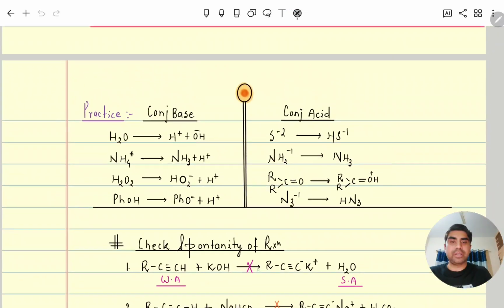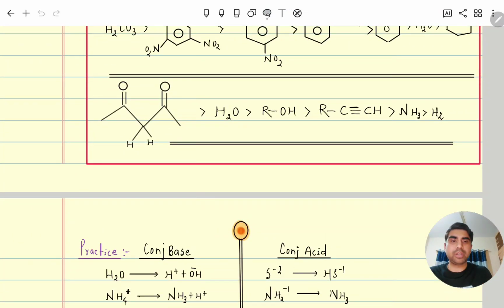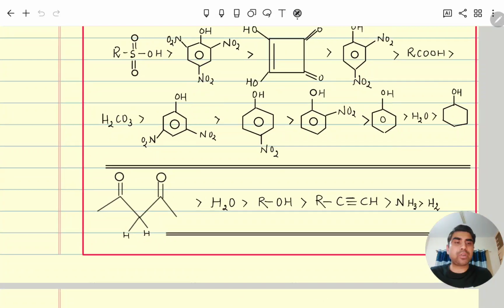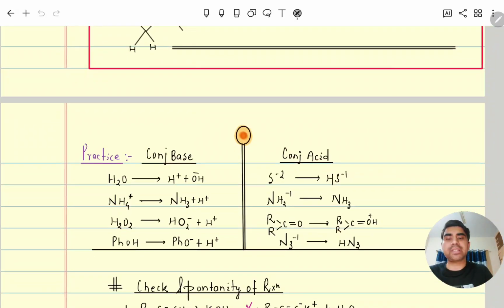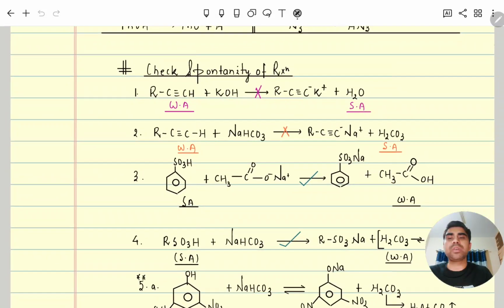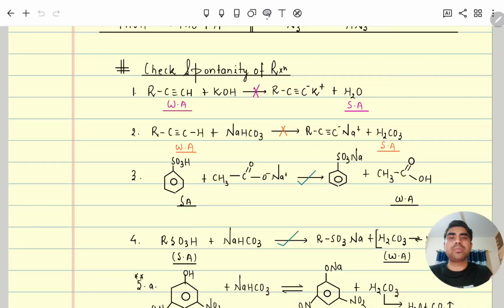You can see that H2O is relatively stronger than the triple bond, and with respect to H2O, H2CO3 is stronger. Means can I say that H2CO3 will be stronger than the triple bond? So if H2CO3 is a stronger acid than the triple bond, again the reaction is not feasible. This is strong, this is weak.